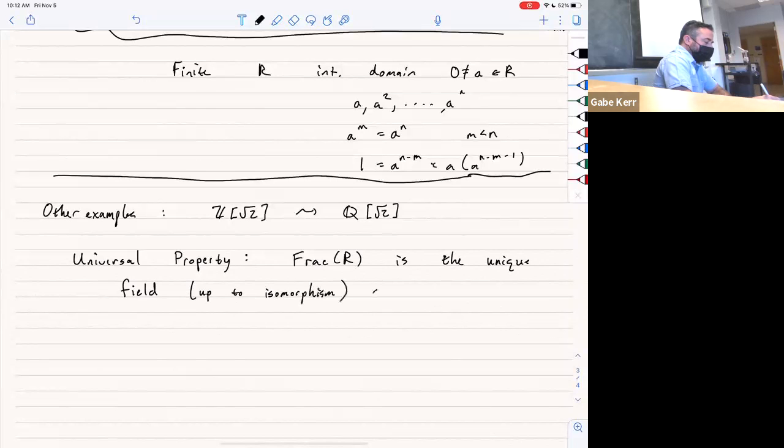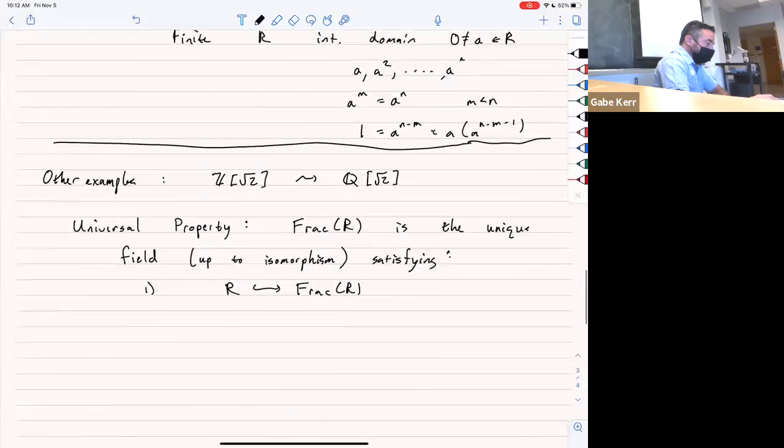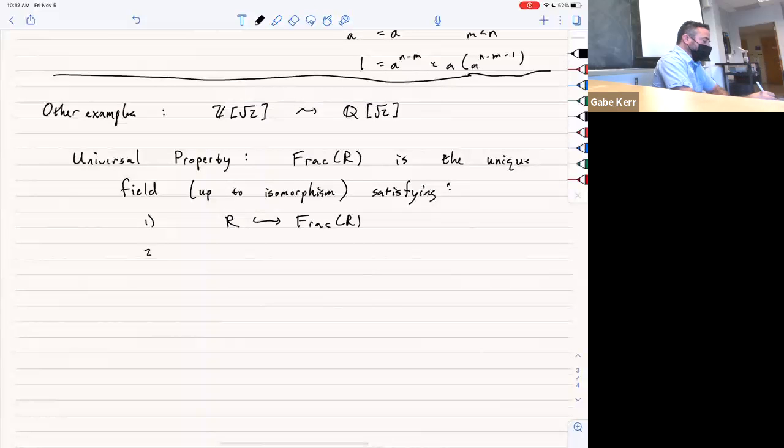Satisfying the following. One, R includes into this field that we construct.